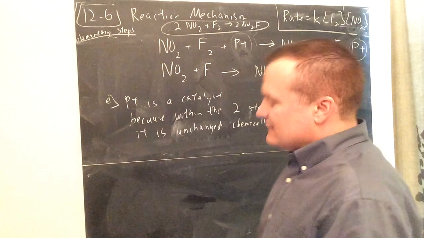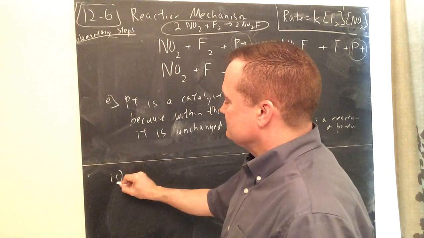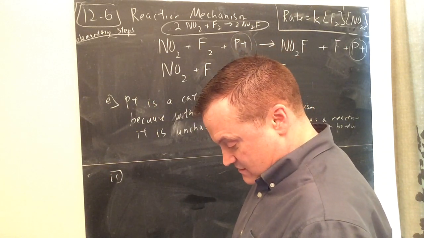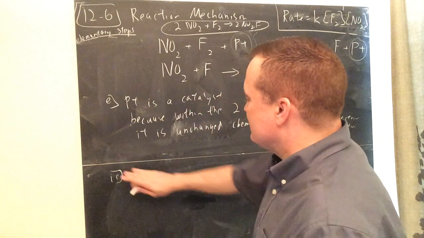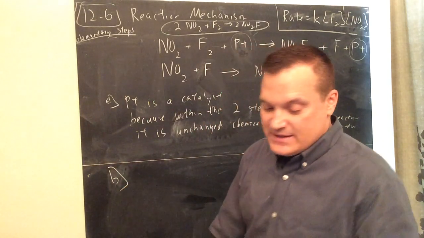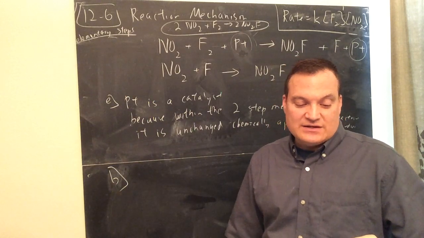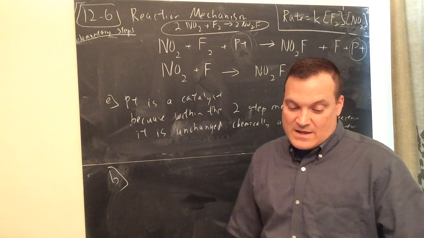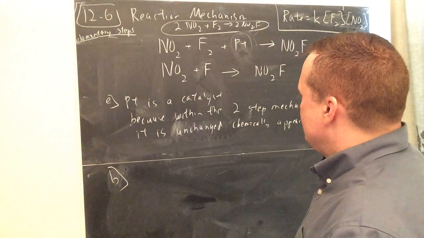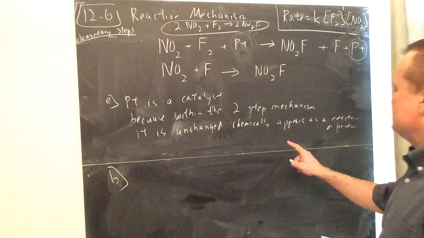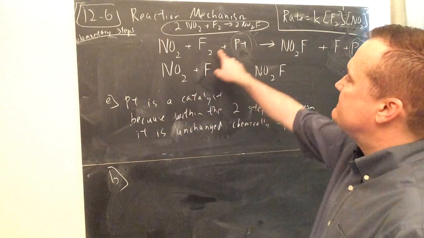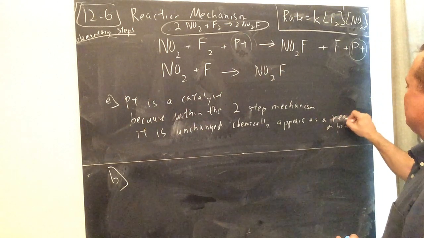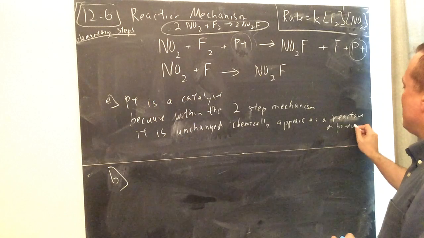All right. Now, I didn't ask you this. I'm going to do part 2 of this. Is there something about the intermediate in here? Oh, no. This is actually on letter B. B says, which reaction intermediates are involved? And justify your answer. All right. First of all, the catalyst appears as a reactant and a product in the overall reaction. I guess I better say that because I want to differentiate with the other one.